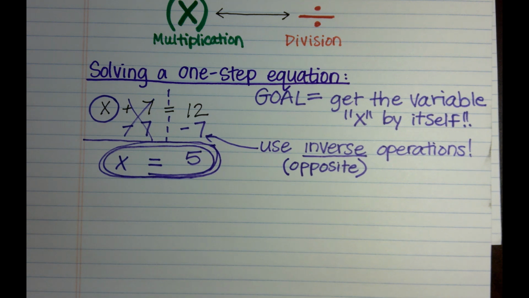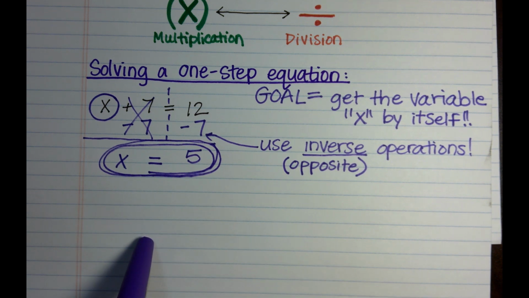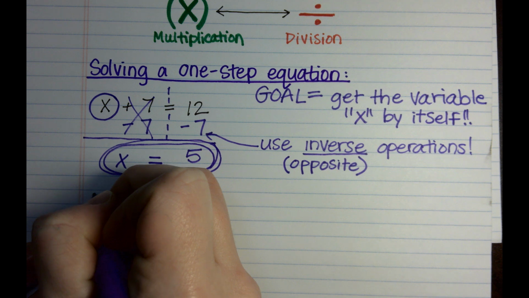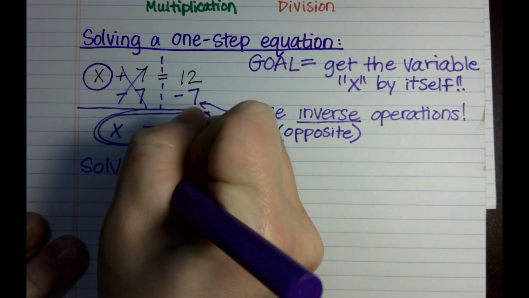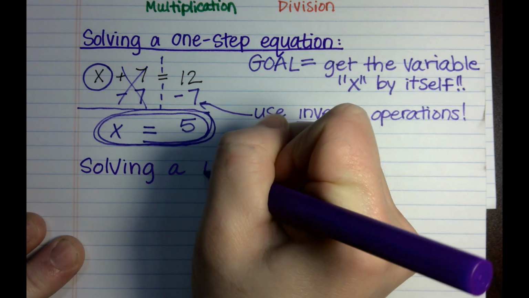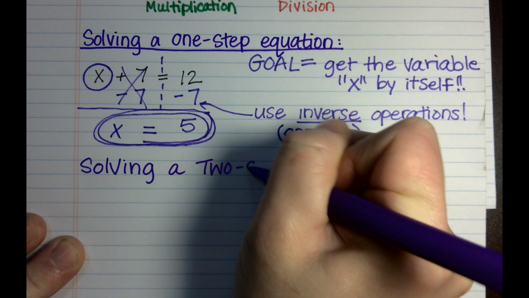Before we go on to that though, does anybody have any questions, hesitations, confusions about the one-step equations? None at all? Okay, beautiful. Love that. So now let's talk about the solving.